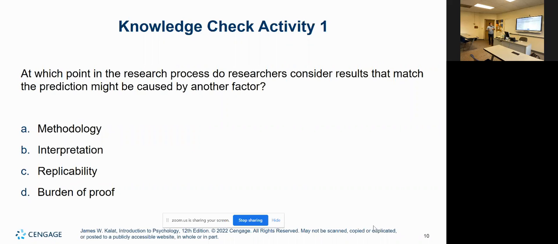All right, let's check to see how we're doing so far. At which point in the research process do researchers consider that results that match the prediction might be caused by another factor? All right, what do you think?